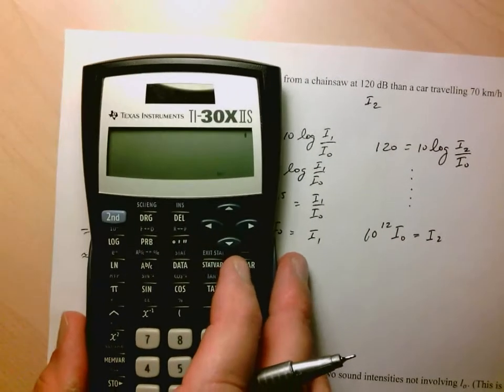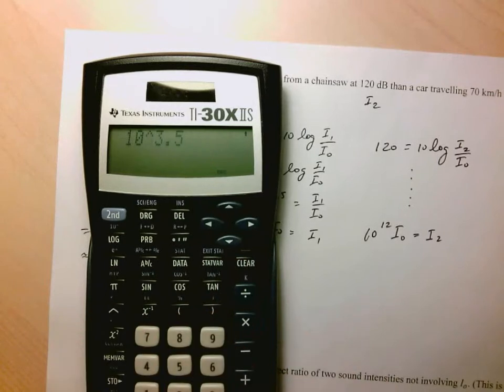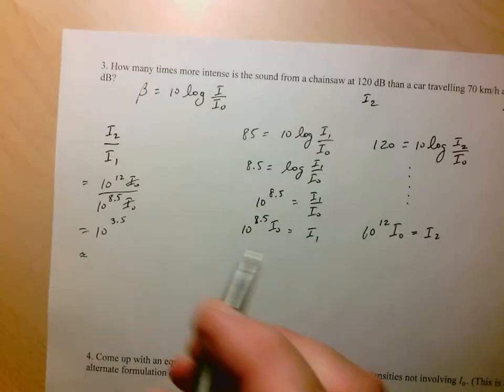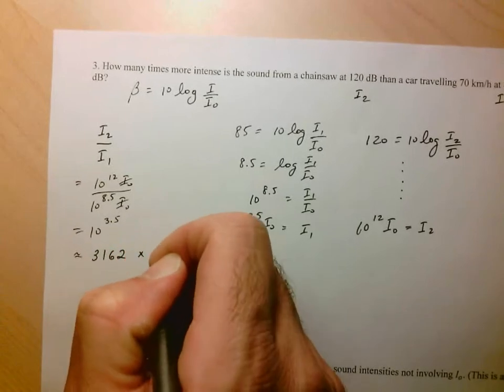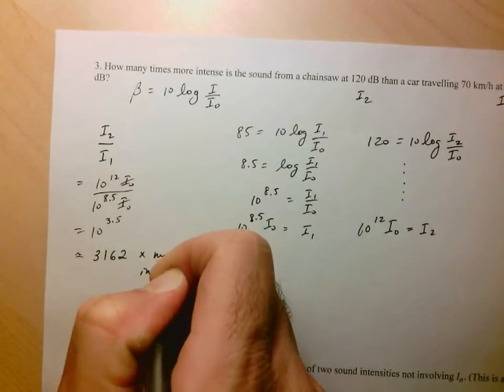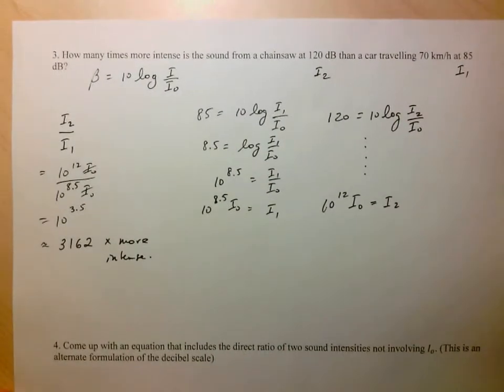So 10 to the exponent of 3.5 gives us about 3,162. So it's about 3,162 times more intense. Quite a big range.